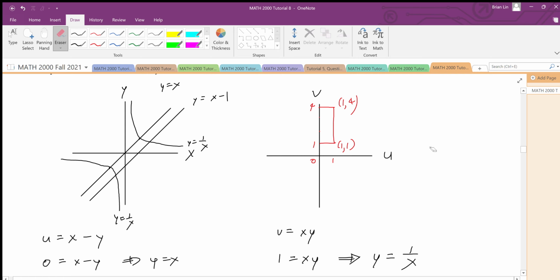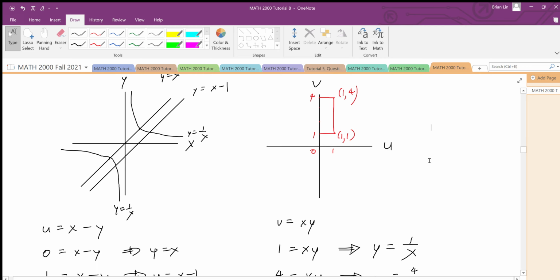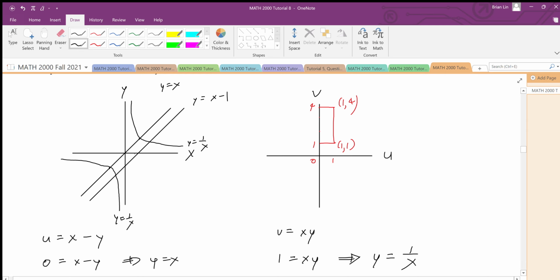Okay. Lastly, I want v equals 4. That corresponds to y equals 4 over x. So that's 1, 2, 3, 4. Same idea. It's way out here. That's y equals 4 over x.